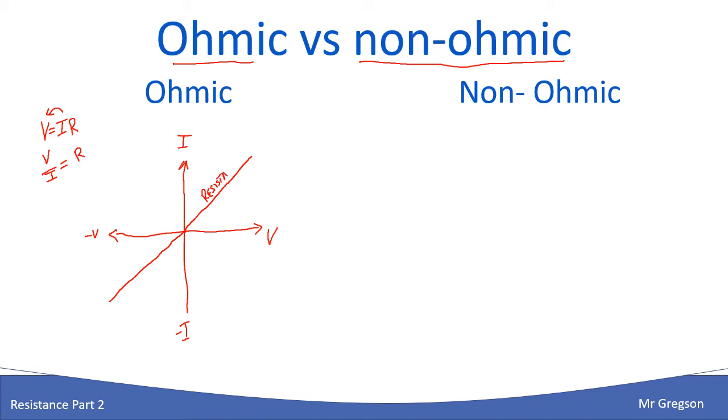And in this instance, it's not changing. The gradient, and I'll write that in just to make it really obvious, the gradient equals resistance. Gee, I wonder if this will be a question in the quiz. So the gradient equals resistance.